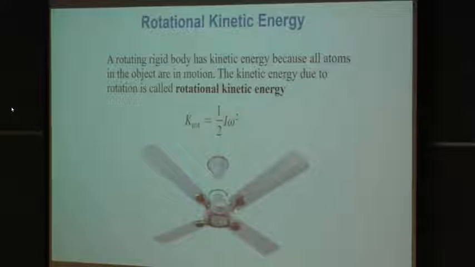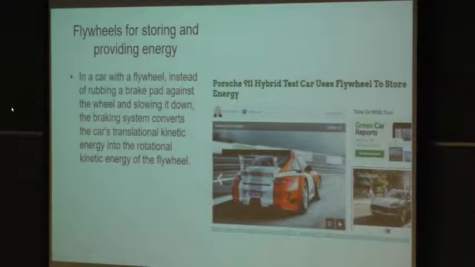So if we want to go to that chart with all of our analogies, we'll do that in a second. So this is just showing what rotational kinetic energy can do for you. The textbook talks about flywheels, and what you can have is a spinning flywheel, like a big heavy disc, inside your car.